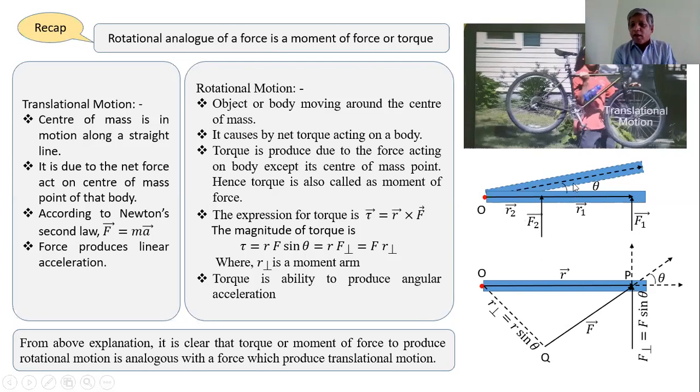For the same turning effect, this second force must be larger. From this we conclude that the turning effect or the moment of force also depends upon the position at which we apply the force.